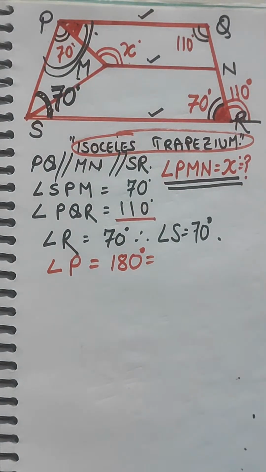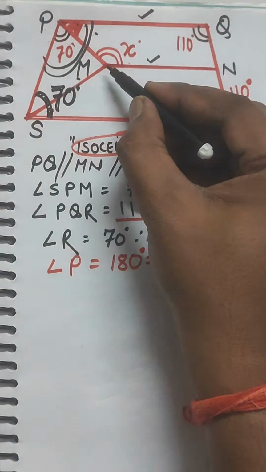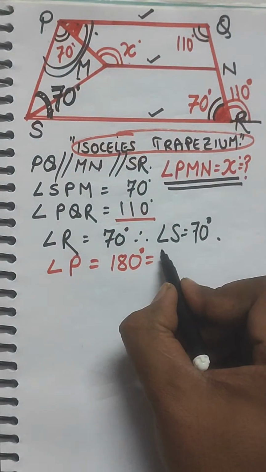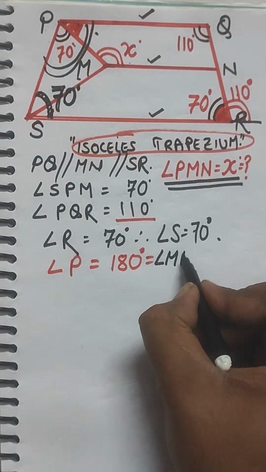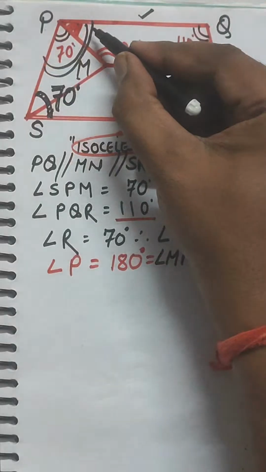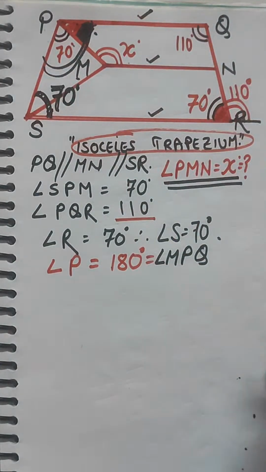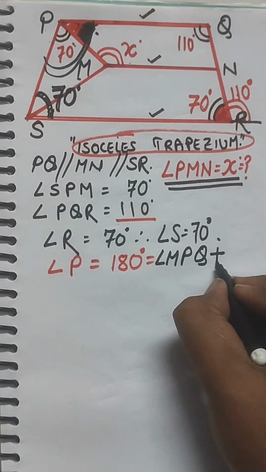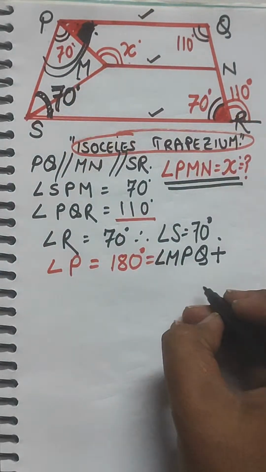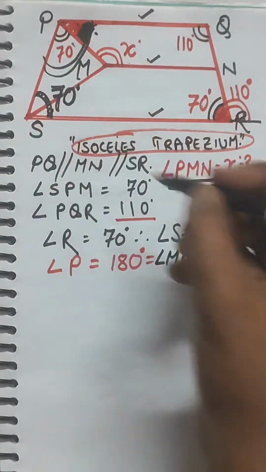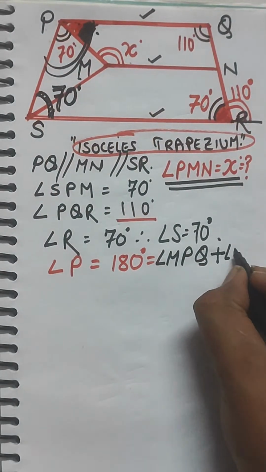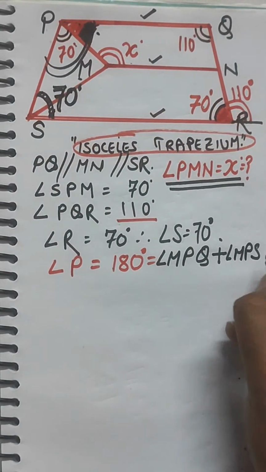it consists of two parts. What are those? That is angle MPQ, this one, plus the second 70 degree, that is angle MPS.